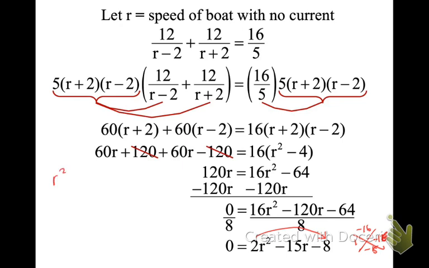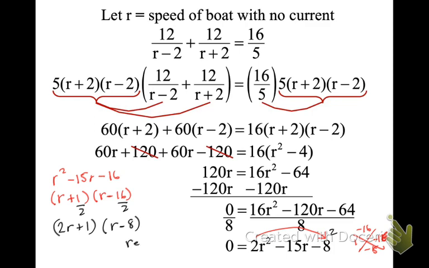So r squared minus 15r minus 16. And so I get r plus 1 times r minus 16. But remember, we have to divide the 2.